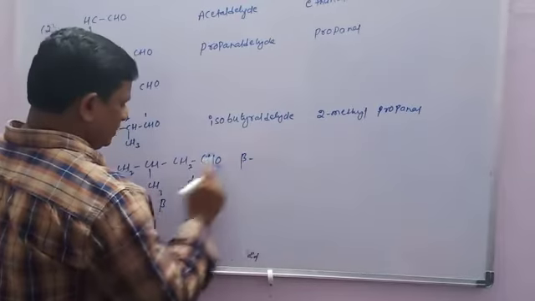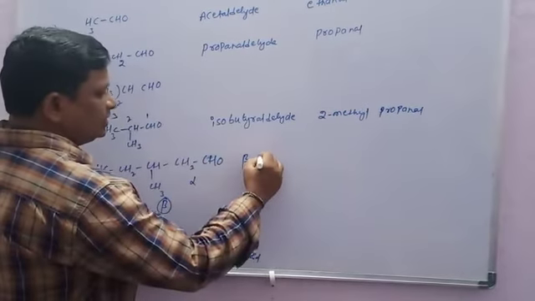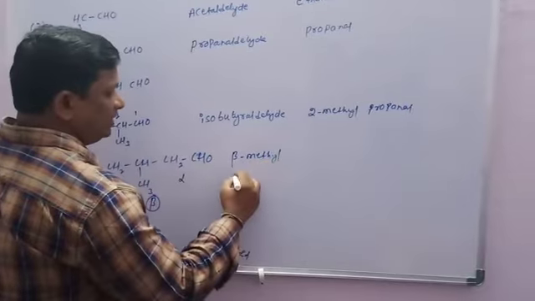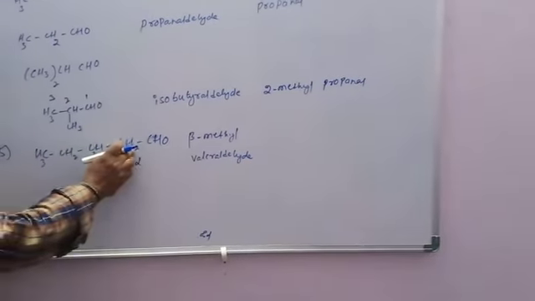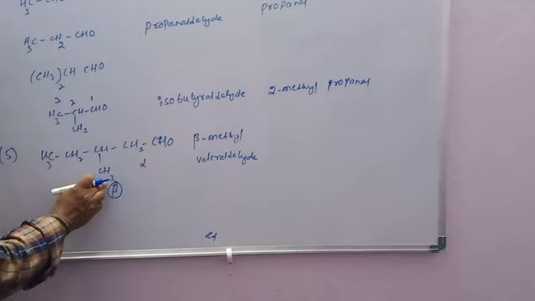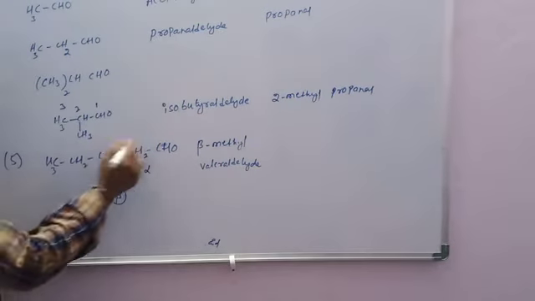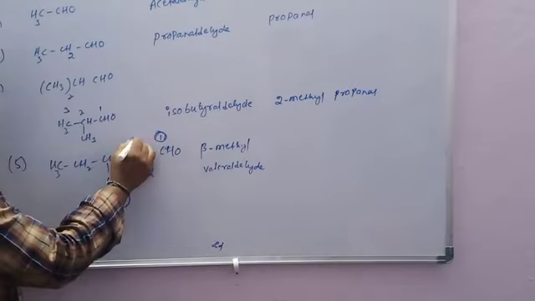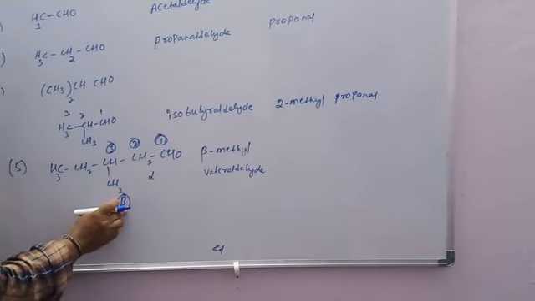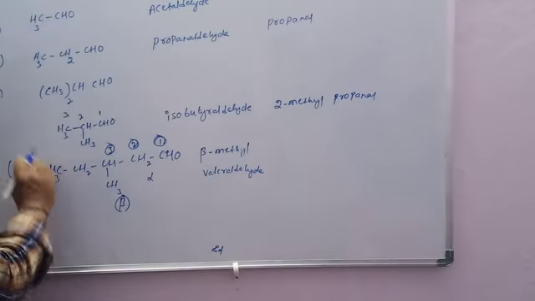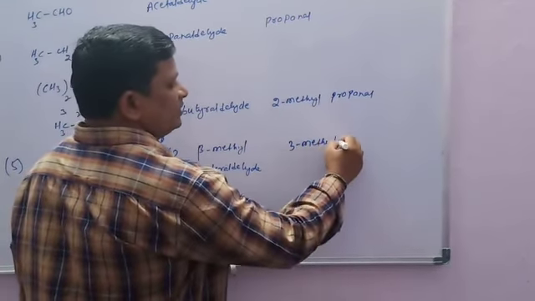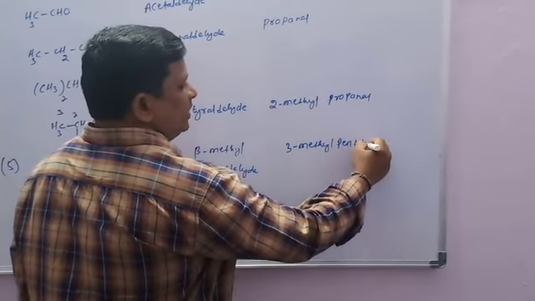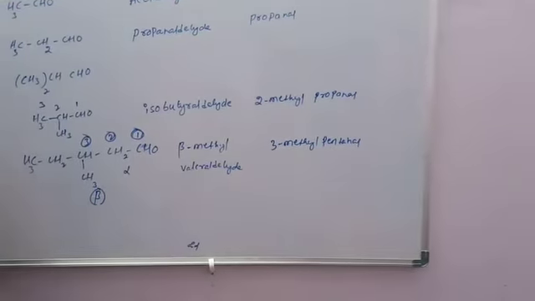So it is beta-methylvaraldehyde. For the IUPAC name, it is the first carbon, the second carbon, and the third carbon with the methyl group, so it is 3-methylpentanal.